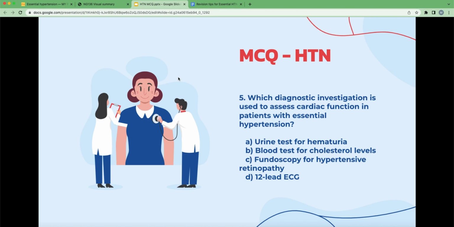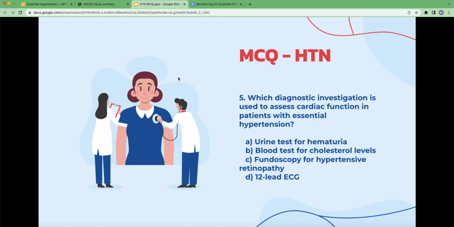Moving to number 5. Which diagnostic investigation is used to assess cardiac function in patients with essential hypertension? A, urine test for hematuria. B, blood test for cholesterol levels. C, fundoscopy for hypertensive retinopathy.